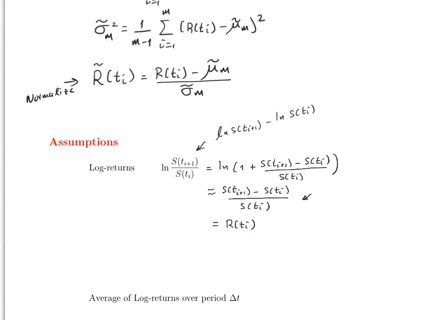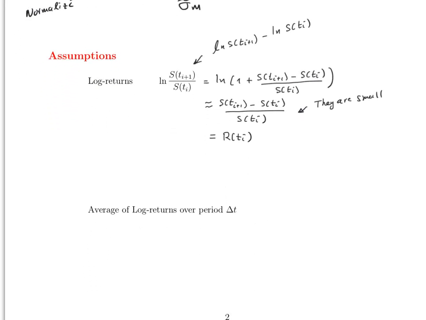Again, this assumes that they are small, which means the difference between the price today and tomorrow is small. Okay. All right, so the first assumption we're going to make is that we will assume the log return is approximately equal to the daily returns. So this connection is going to be very important, that this is approximately equal to this.